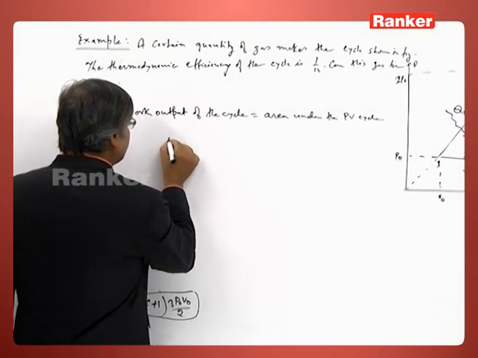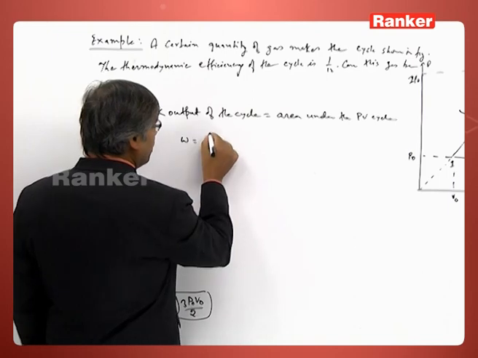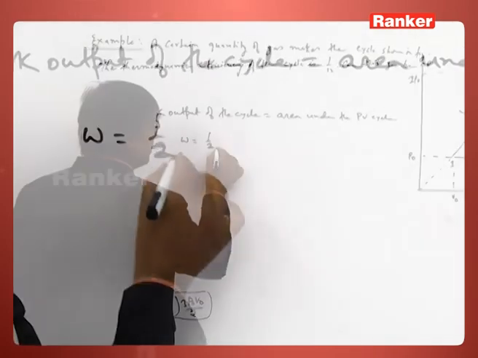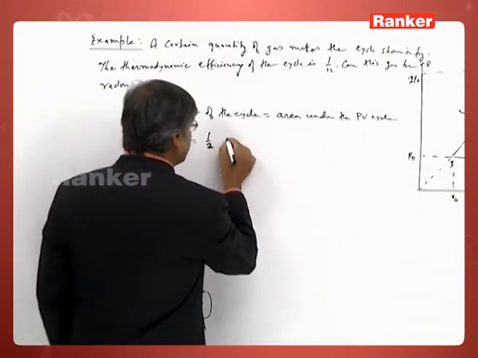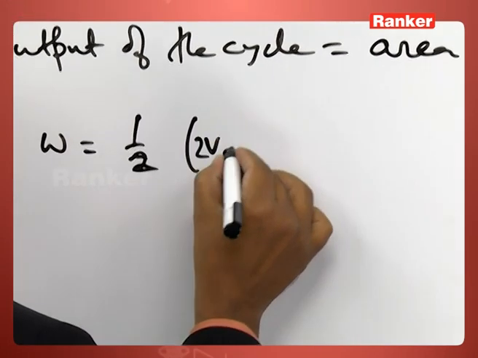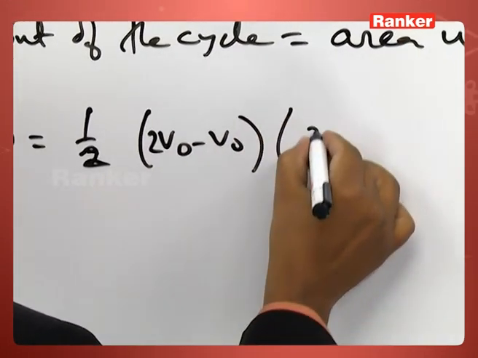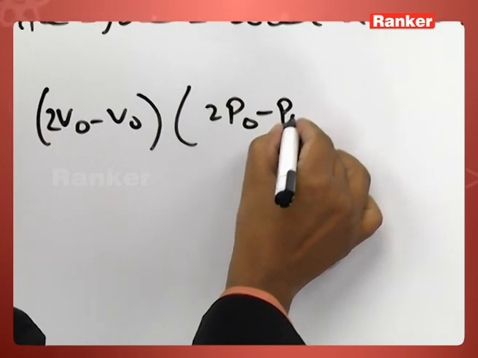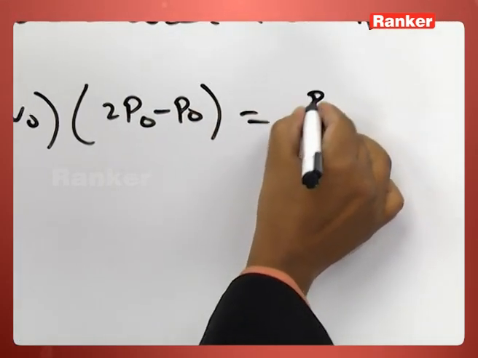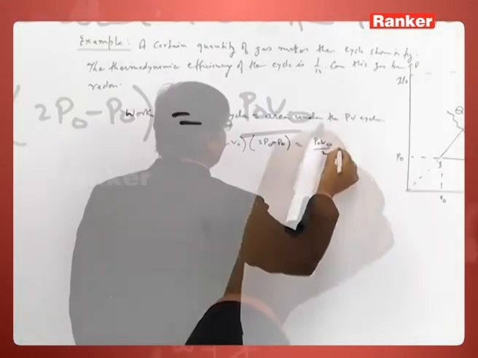So work done will be equal to half times the base, that is 2V0 minus V0, into the altitude, that is 2P0 minus P0, that is P0V0 by 2.